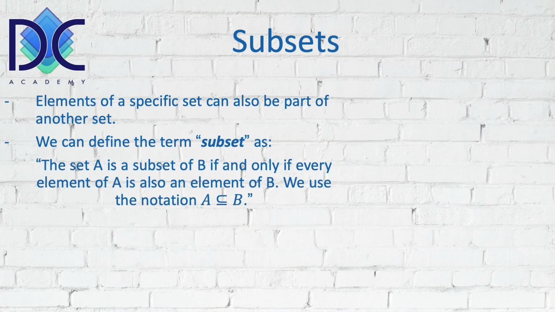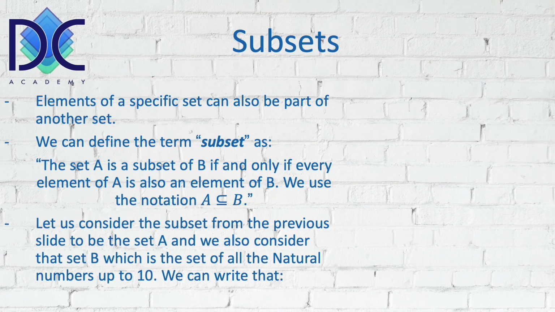We can say that the set A is a subset of B if and only if every element of A is also an element of B. We use the notation A ⊆ B. So basically, this also means that they can be equal. In the worst possible case, those two sets are equal when all their elements are equal, and then the subset is in fact equal to the other set.